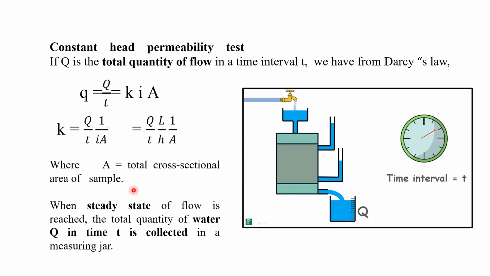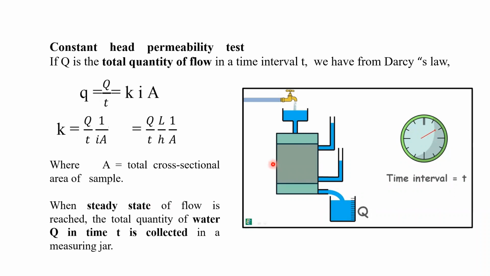But whenever you carry out the experiment, you have to keep in mind that unless the soil is fully saturated, we shall not collect the water in the beaker in a particular time. Because in the beginning, air bubbles will pass, and a steady state of flow, that means continuous flow, will not be there. That means air is already in the voids.